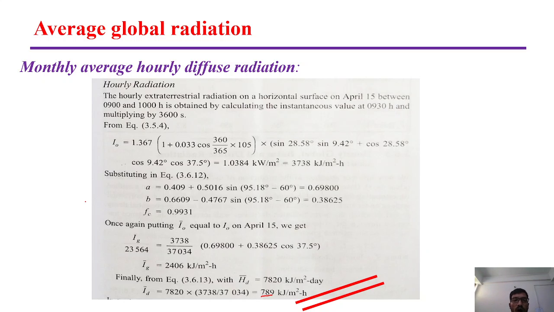We talked about the horizontal and tilted surfaces, and the monthly average radiations: monthly average daily global radiation, monthly average daily diffuse radiation, monthly average hourly global radiation, and monthly average hourly diffuse radiation. These help us calculate the radiation falling over a surface for a particular time period.